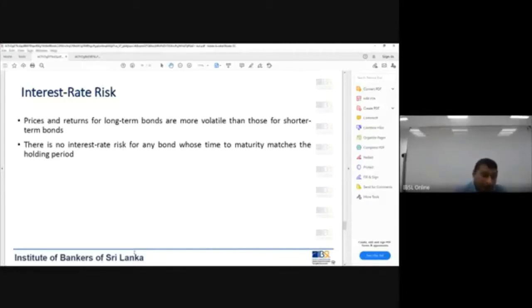But short term, let's say 1 year, reasonably, yeah, still anything could happen, but reasonably less than a 10-year bond. During a 10-year lifetime, many things could happen, whereas for 1-year bonds, yes, many things could happen, but not to the extent of a 10-year bond. So what it effectively makes you understand is that the longer the tenor, the volatility is greater.